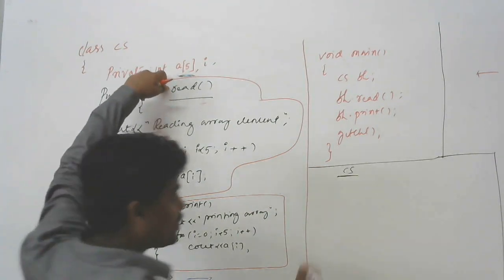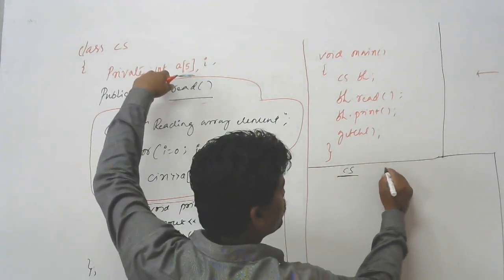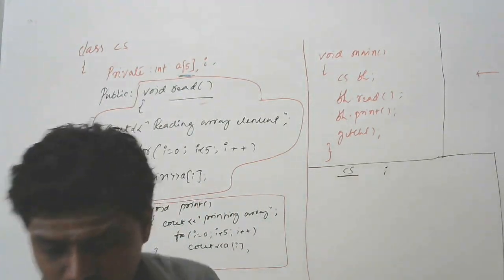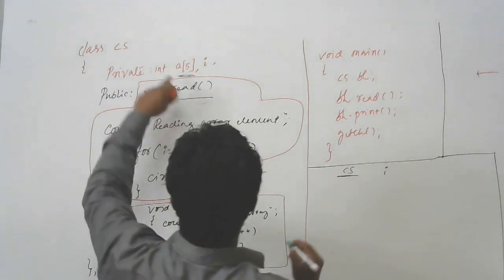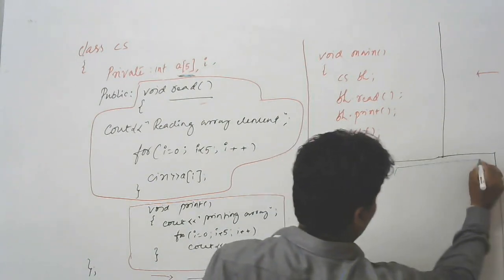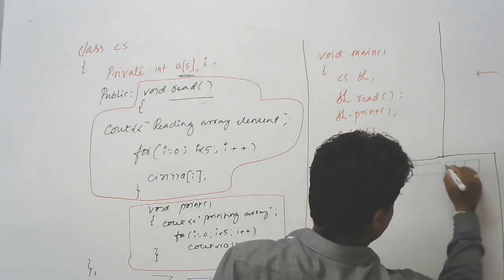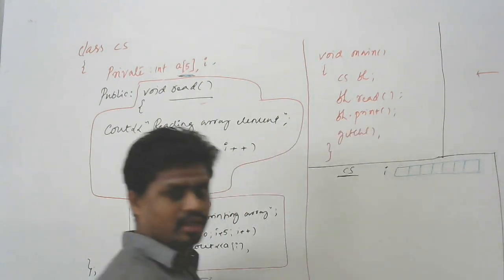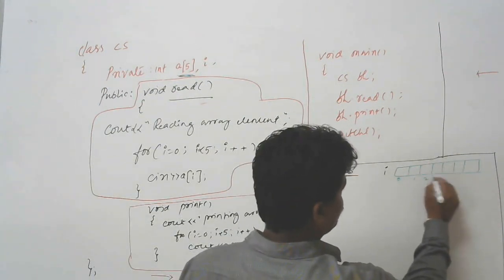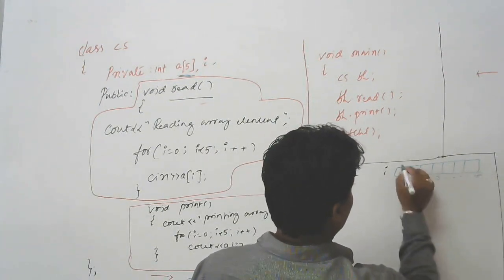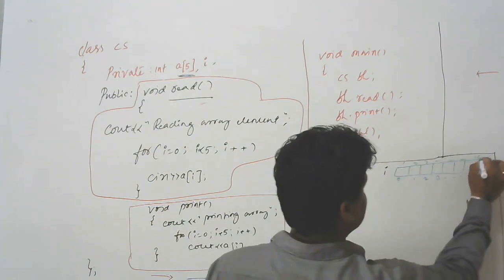There is one variable of integer type, so it will create the memory block for I. Of what type is I? Integer. So how many bytes for this? 2 bytes, which is nothing but 16 bits.